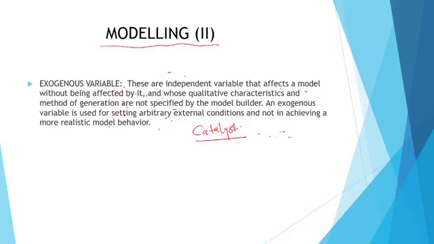So they remain the same throughout the entire process, and their qualitative characteristics and method of generation are not specified by the model builder. An exogenous variable is used for setting arbitrary external conditions and not in achieving a more realistic model behavior. So an exogenous variable is just a variable that acts as a control to other variables.